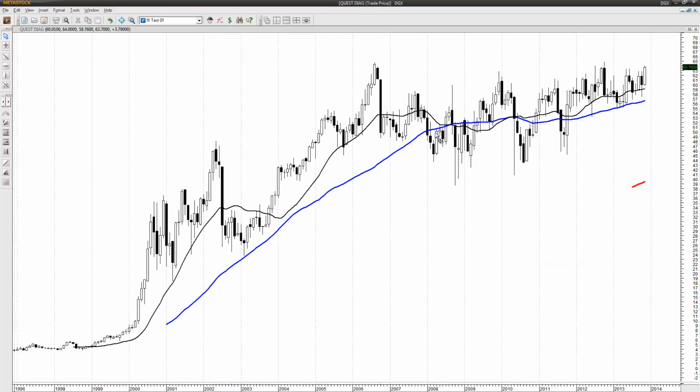Next chart is Quest Diagnostics. Change to daily.